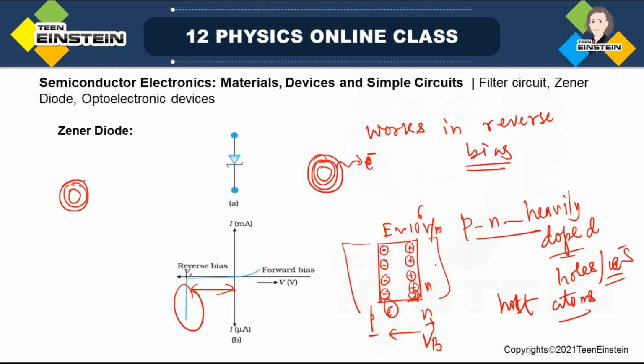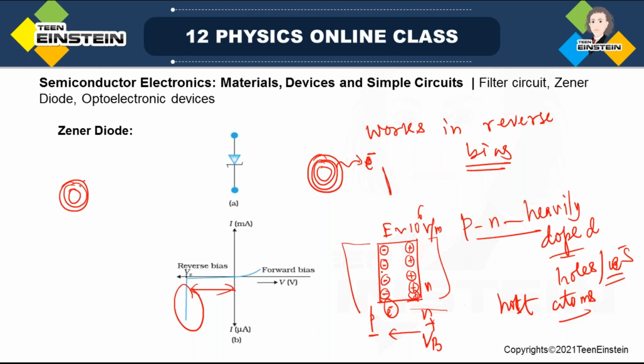And so I have discussed why the electric field is becoming so large, because p and n regions are heavily doped, and hence the thickness of the depletion layer will be very thin because of that. And also you are applying reverse voltage to the Zener diode, so that also will increase this barrier potential, or this built-in potential, which will ionize the host atoms.